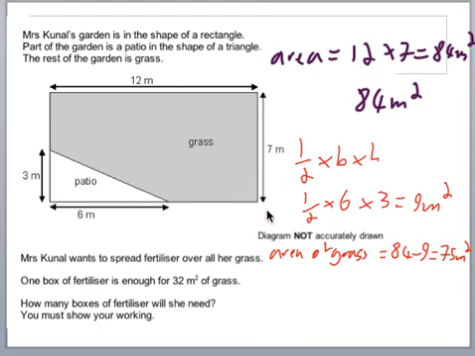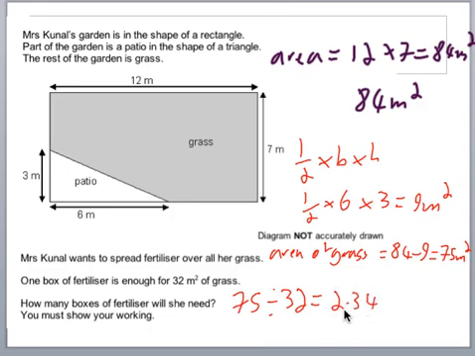Now up to this point you've probably got half of the marks for the question, but the key part here again is one box of fertilizer is enough for 32 meters squared of grass. How many boxes of fertilizer will we need? Well, if I know that one box does 32 meters squared and I want to do 75 meters squared, what I need to do is divide 75 meters squared by 32, and that would give me an answer of around 2.34.